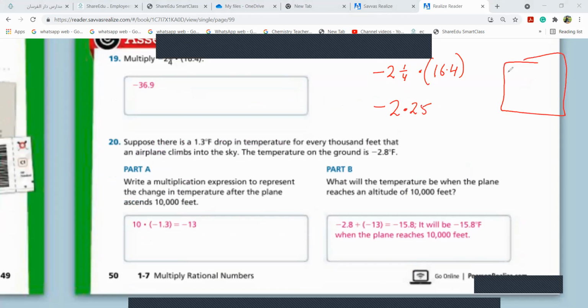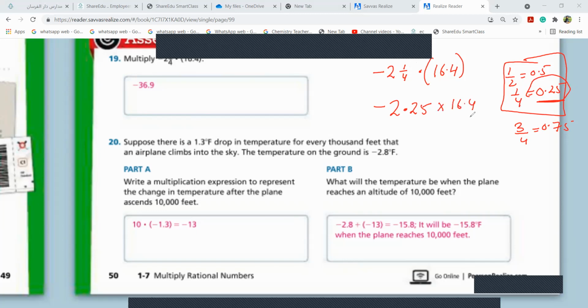Again, I will write here. Half means 0.5. 1/4 means 0.25. 3/4 means 0.75. Do you remember? So this is 0.25 and you have 2 1/4. So instead of 1/4, you just put 0.25.